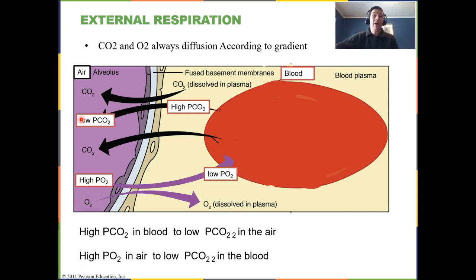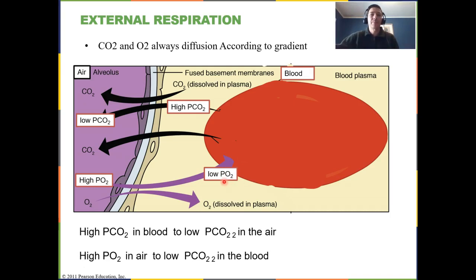Conversely, oxygen, right? We know we need oxygen to survive, so when we breathe, it's going to go into our bloodstream. If the oxygen is traveling down its partial pressure gradient, the same way a solute would, then you're going to have high partial pressure due to oxygen in the air and low partial pressure due to oxygen in your bloodstream.